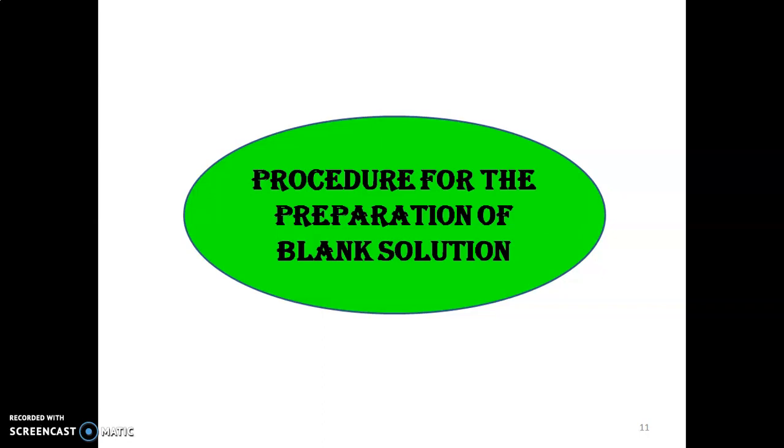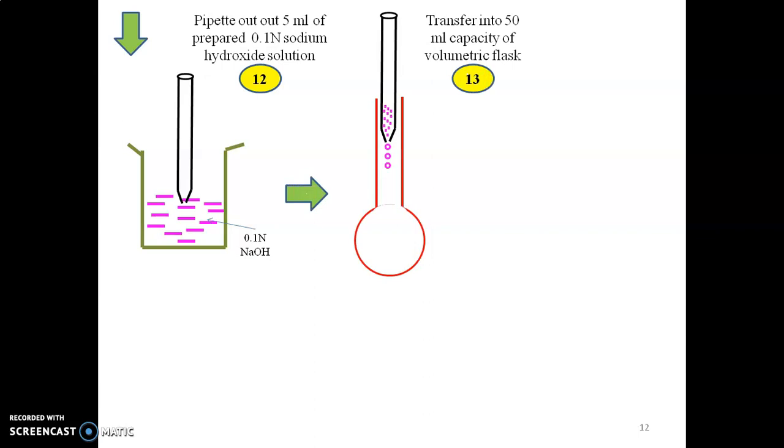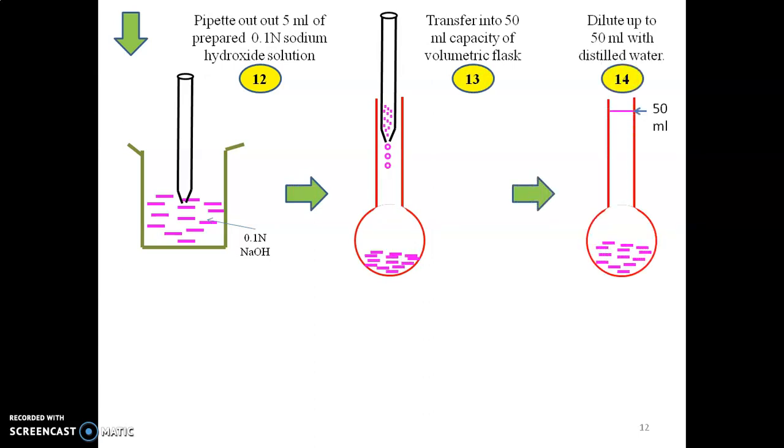So, similarly, we are going to prepare the blank solution here. Pipette out 5 ml of the prepared 0.1 normal sodium hydroxide solution, transfer it into the flask, dilute up to 50 ml with distilled water, and label that volumetric flask as the blank solution.